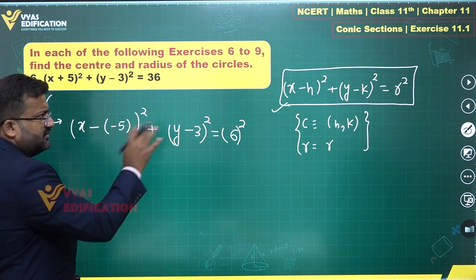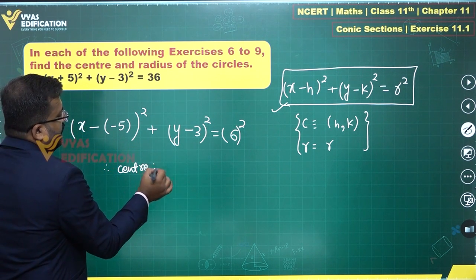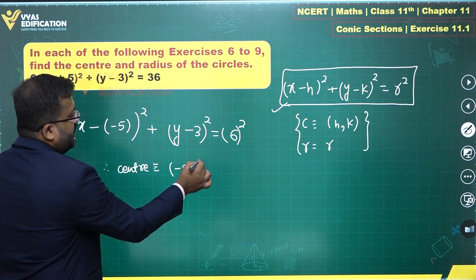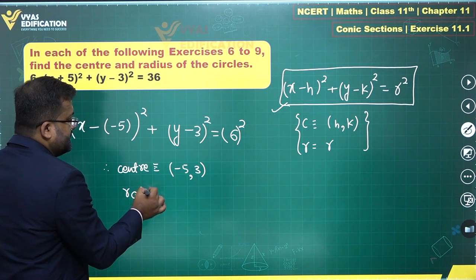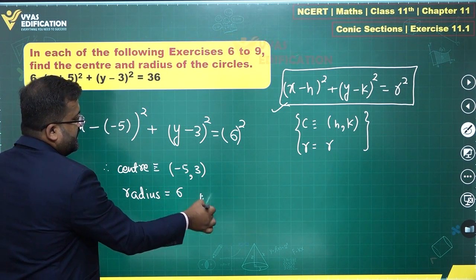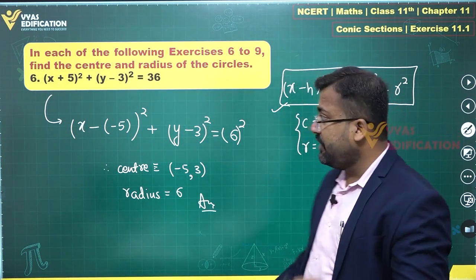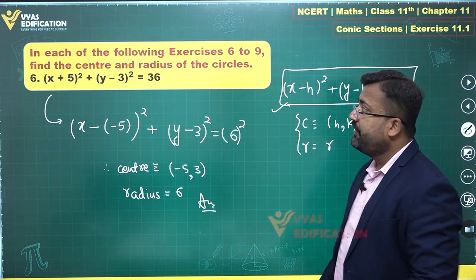Comparing these two, therefore center of the circle will be h comma k, and what is that? This is minus 5 comma 3. Center is minus 5 comma 3 and radius is equal to 6. And yes, that's the answer for this question. As you can see, after comparing with this particular form, you can get the center and radius easily.